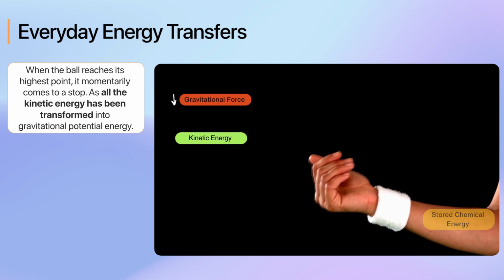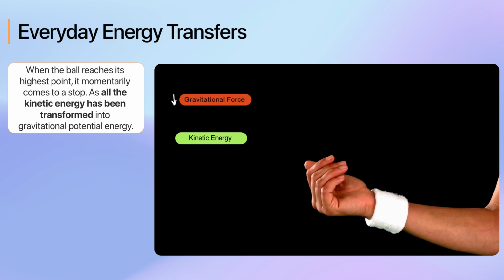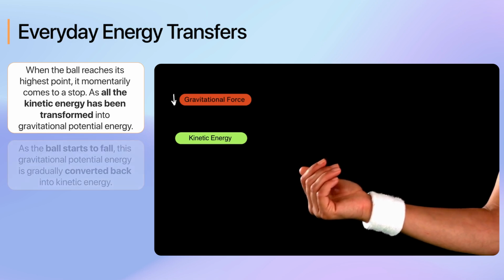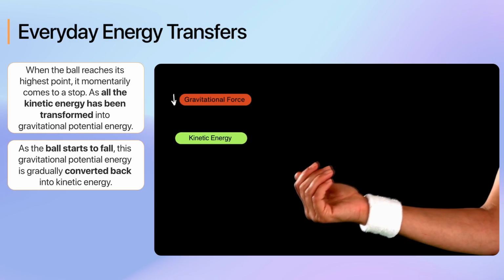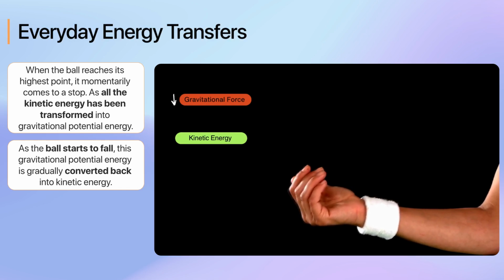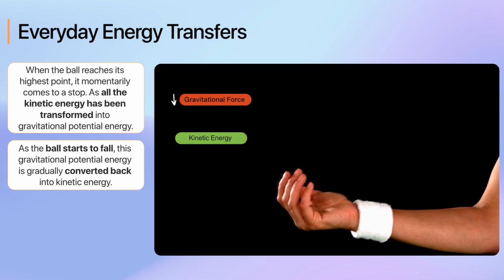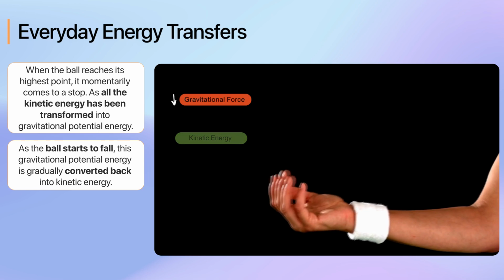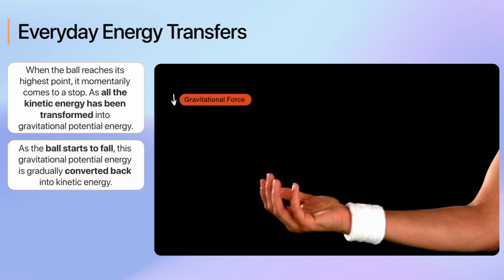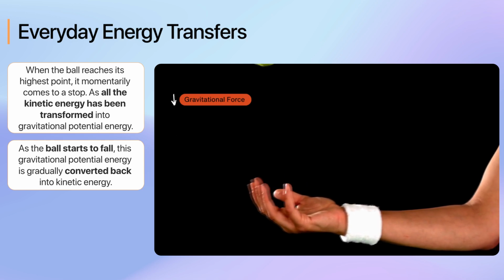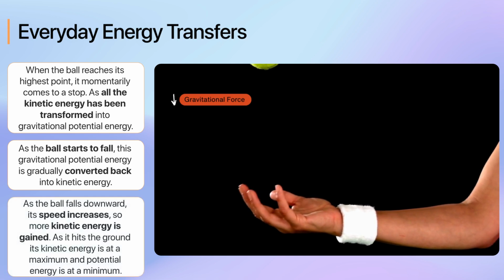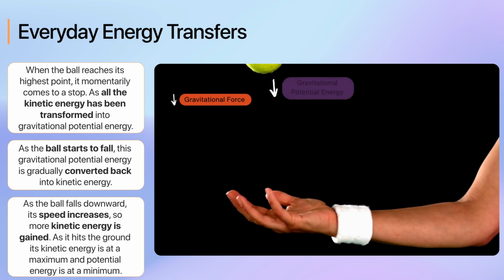However, gravity continues to act on the ball, pulling it back toward the ground. As the ball starts to fall, this gravitational potential energy is gradually converted back into kinetic energy. The further the ball falls, the more its gravitational potential energy decreases, while its kinetic energy increases. As the ball falls downward, its speed increases, meaning more kinetic energy is gained.